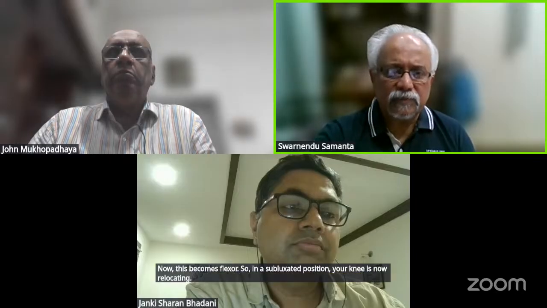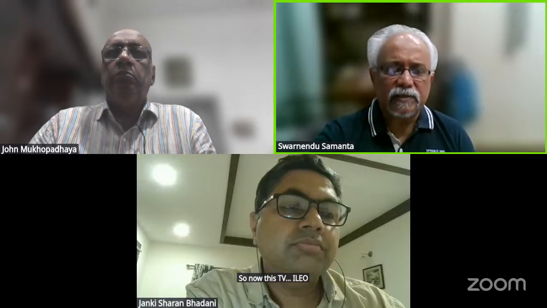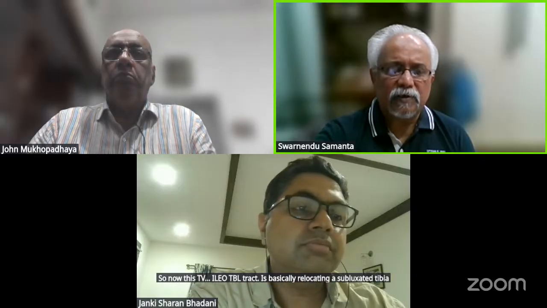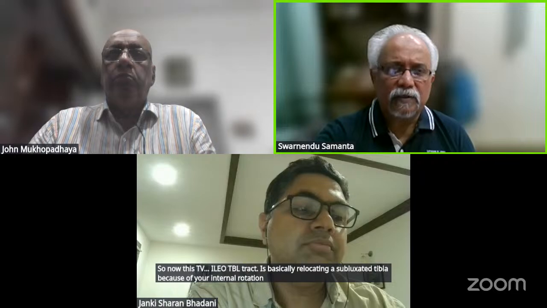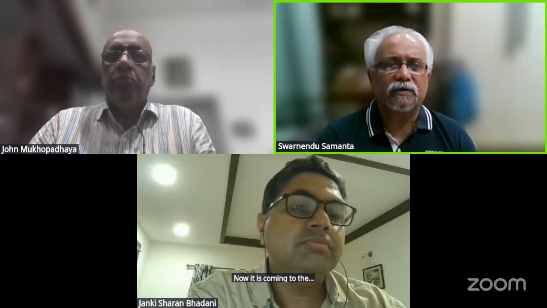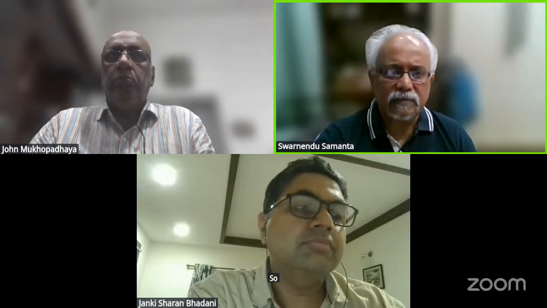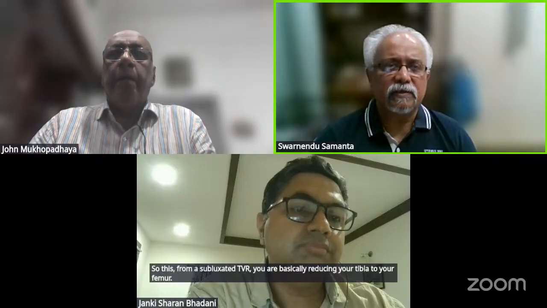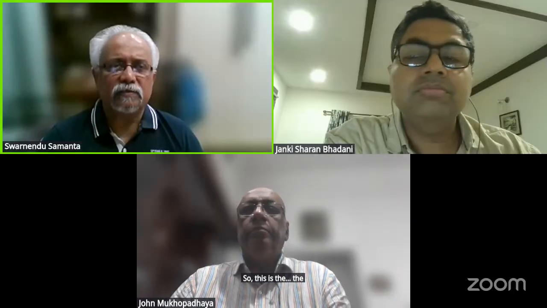This iliotibial tract is basically relocating a subluxated tibia caused by your internal rotation and valgus. Now it is congruent with your femur. From a subluxated tibia, you are basically reducing your tibia to your femur. So this is the logic of doing the pivot shift test.